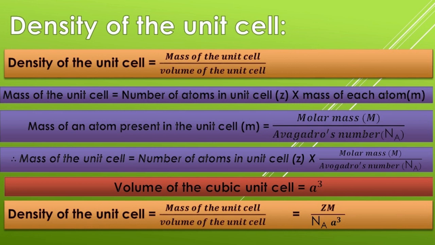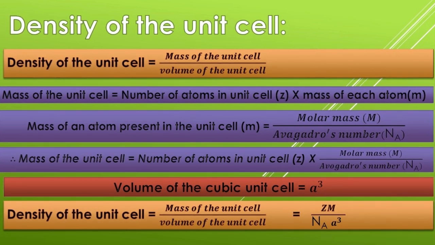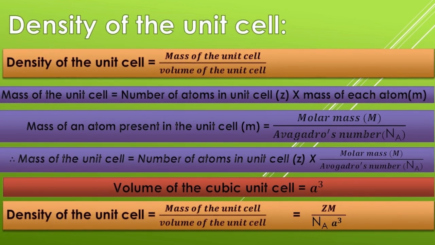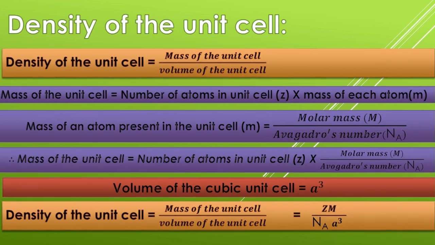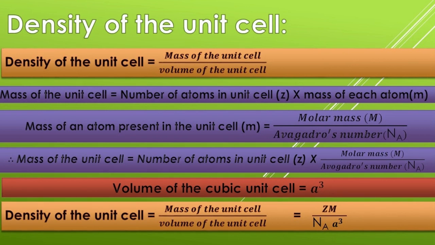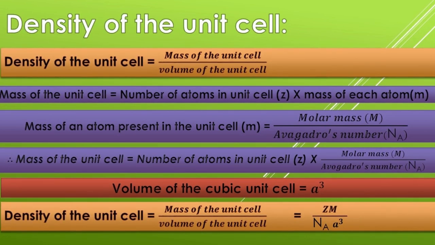Mass of the unit cell is the product of the number of atoms present in that unit cell and the mass of each atom present in it. Mass of an atom present in the unit cell can be calculated by dividing molar mass with Avogadro's number.